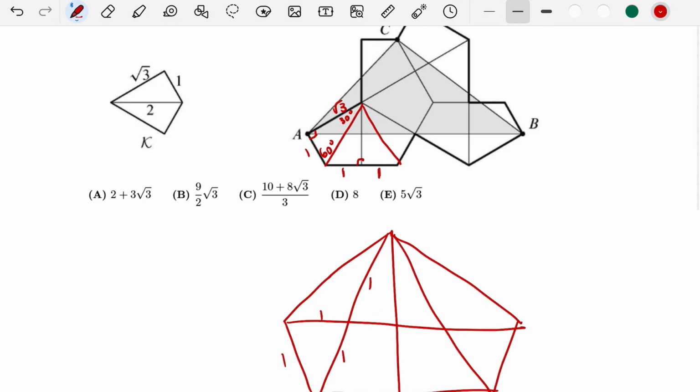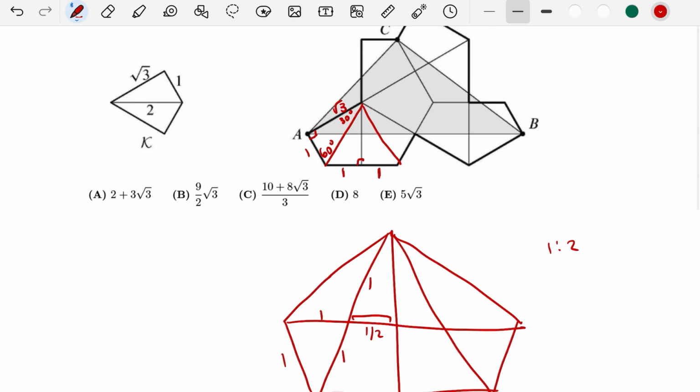But that tells us that the two triangles, this triangle and this triangle, which are clearly similar, have side length ratios of 1 to 2. So if this here is 1, then this segment here must be half.